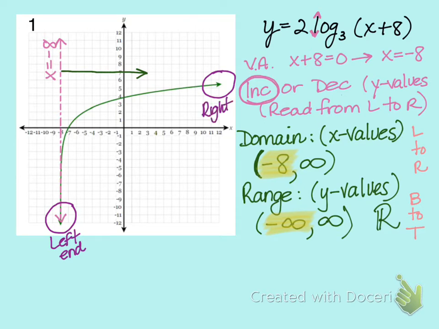Now I need you to explain to me what is going on at both of those ends, okay? So you're going to use a certain script to describe it. So the first thing you need to do is always tell me which arrow you're looking at and then what is happening to the y values of those ends.